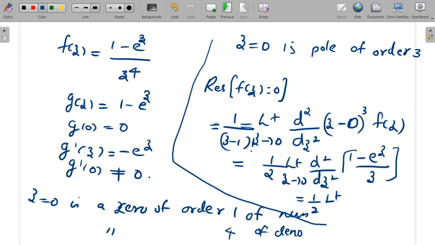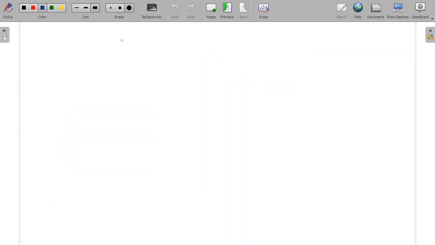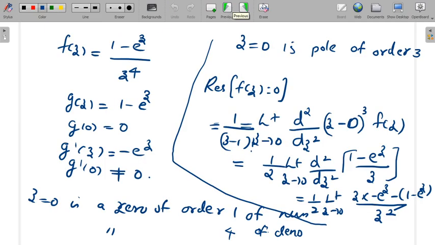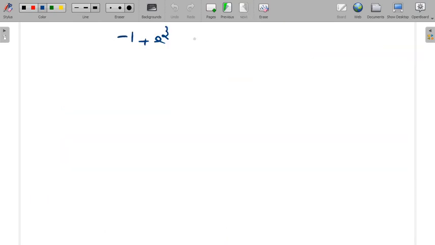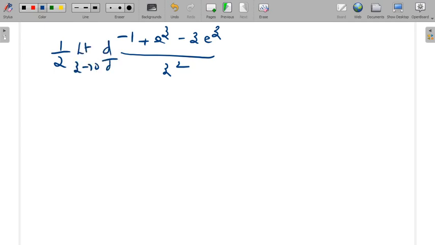While we take the first order derivative, we get limit z tends to 0, z into minus e raised to z minus 1 minus e raised to z divided by z square. So what we have is minus 1 plus e raised to z minus z e raised to z divided by z square, and we have to differentiate this one more time, then apply the limit.